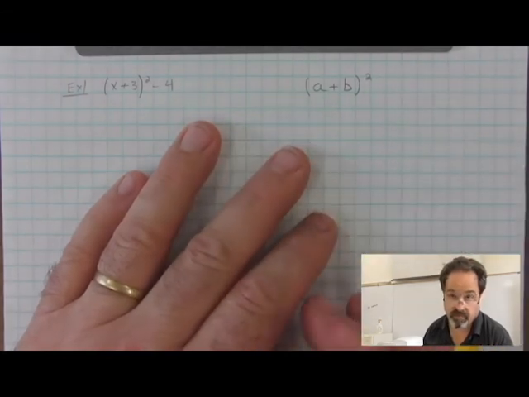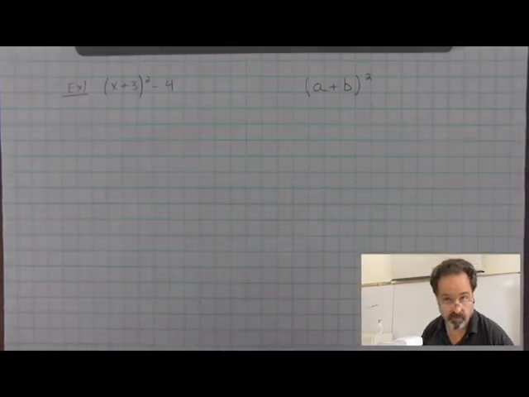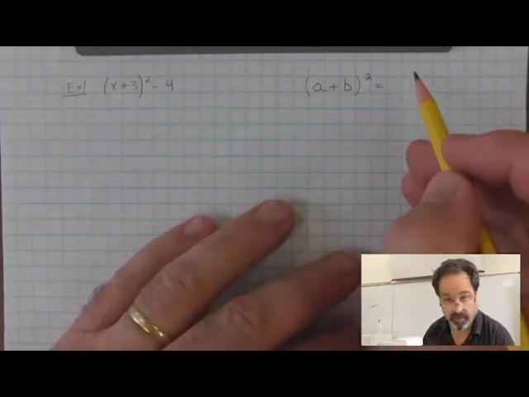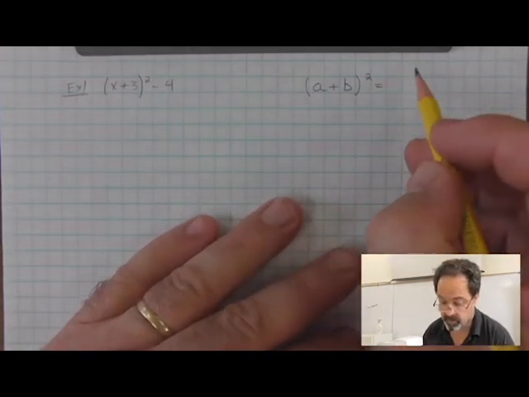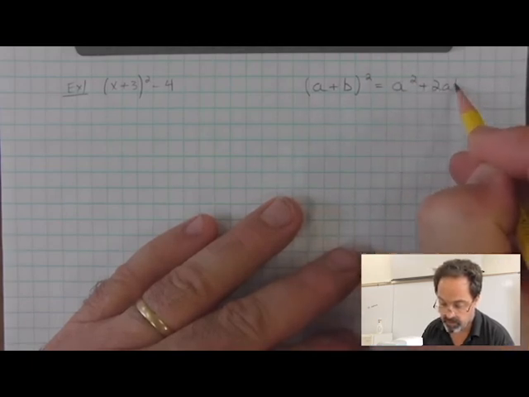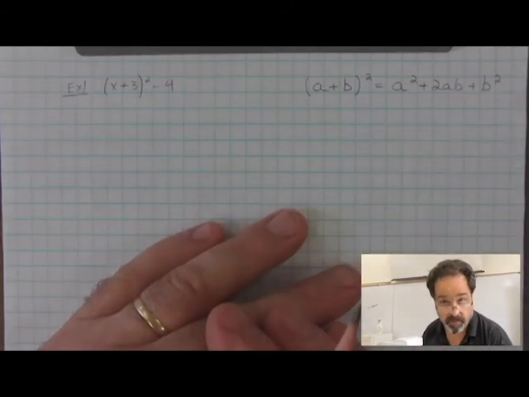We've got some names for this in Algebra 1. We could call this foiling, but in general it's distributing, multiplying an expression or two expressions. In general, (a + b)² will be a² + 2ab + b², no matter what a and b are.